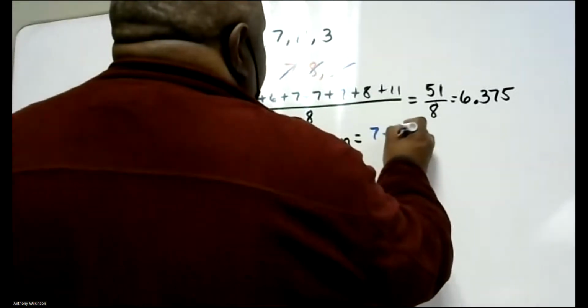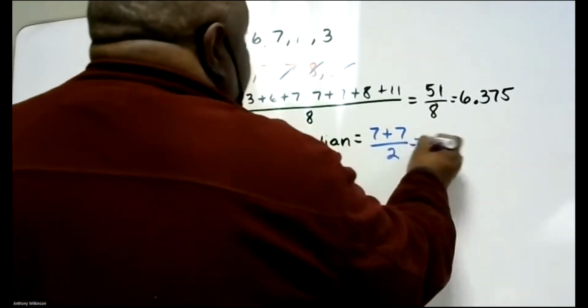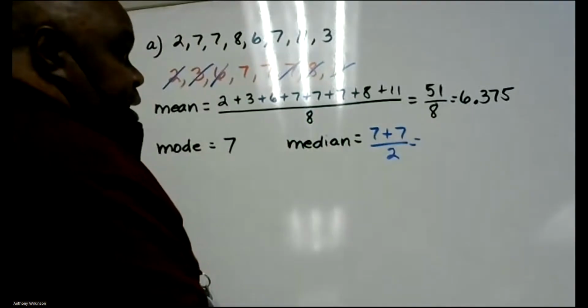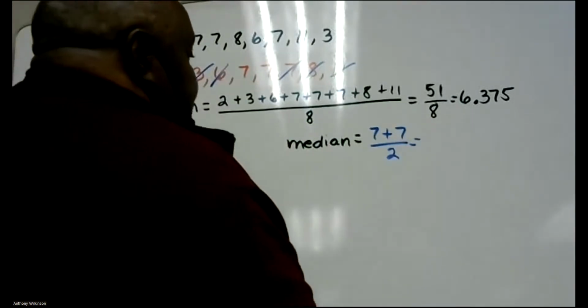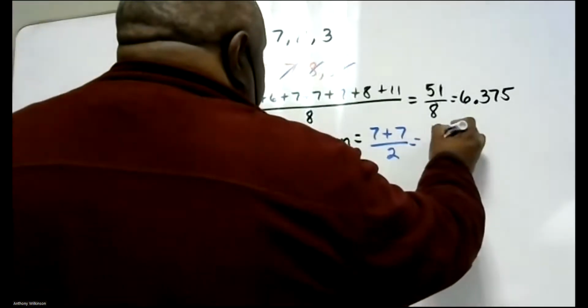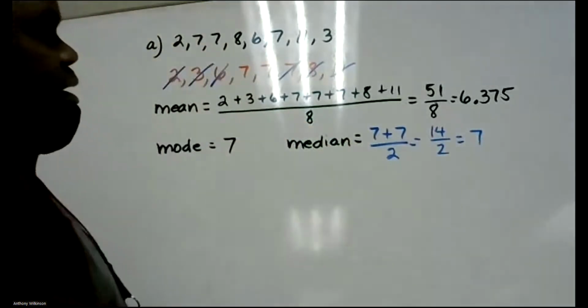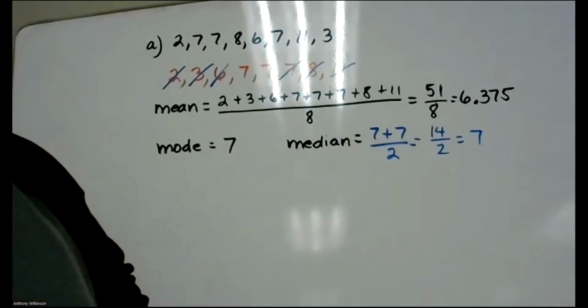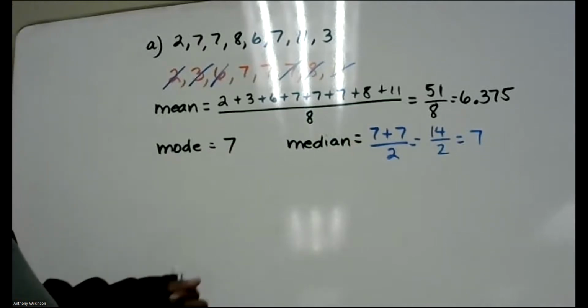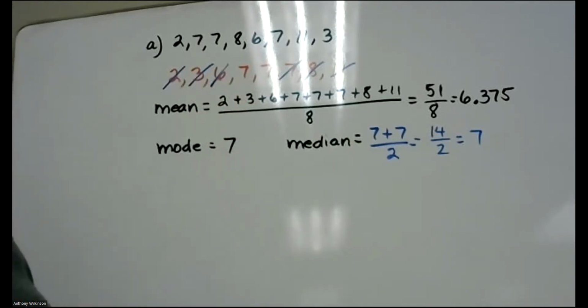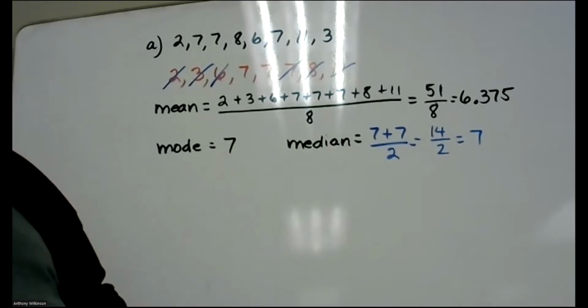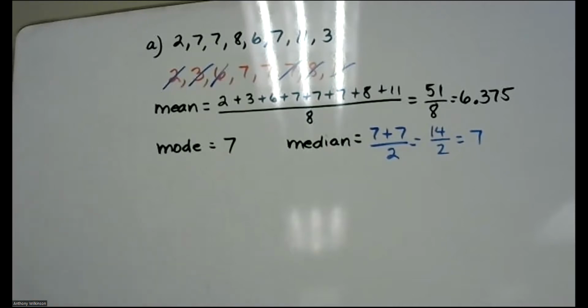So the median, that's 7 plus 7, we divide that by 2. So we take the average of the 2 middle numbers when we find the median in this case. So this will be 14 over 2, which is 7. So the median is 7. And the reason why I had to take the average of the 2 middle numbers is because I have an even number of data values here. Okay. All right, any questions about part A?